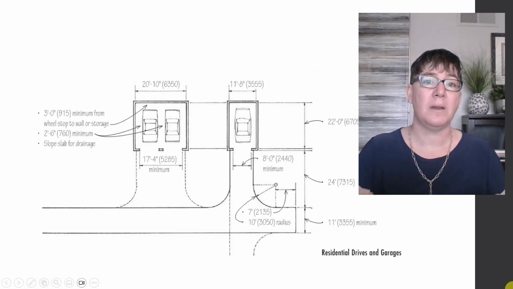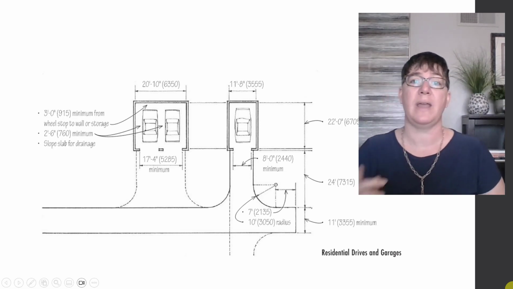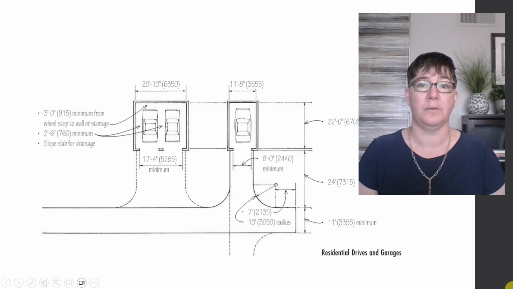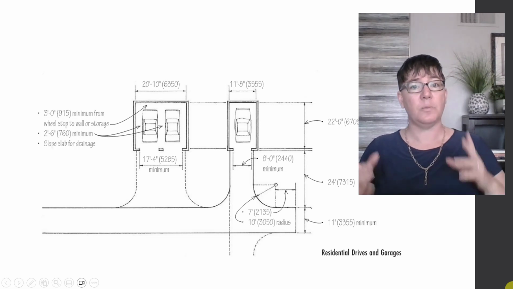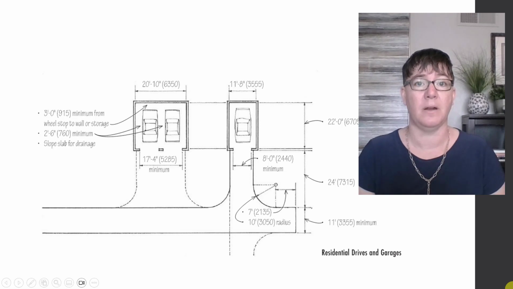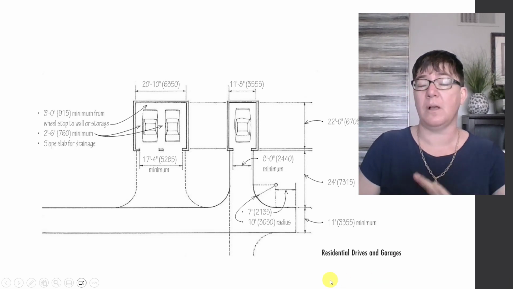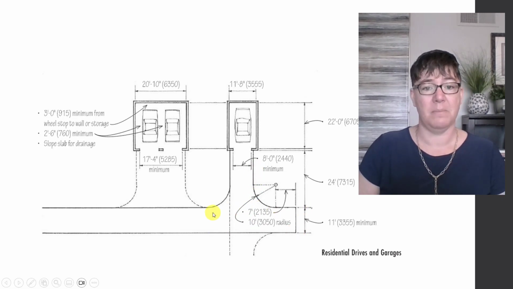Our smallest examples of roadway design are going to be residential driveways, and in this diagram they're also showing garages, and that's because we can assume a smaller vehicle and much slower speeds, all right, and so therefore take a look at this diagram, which is also located in your module, all right, and we can see that we have this 10-foot turning radius, all right, and also an 11-foot minimum drive lane width.